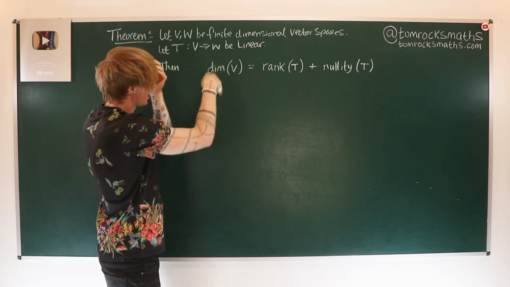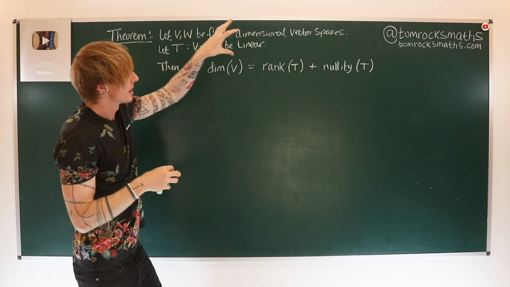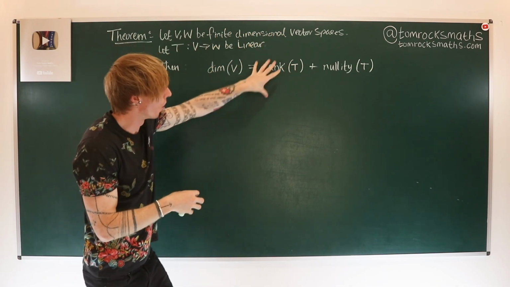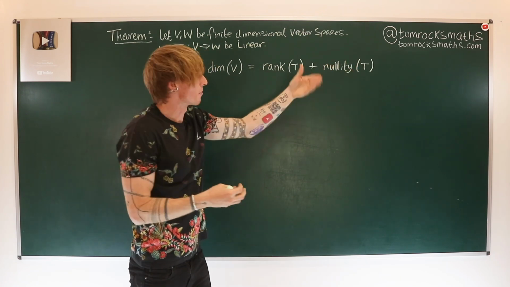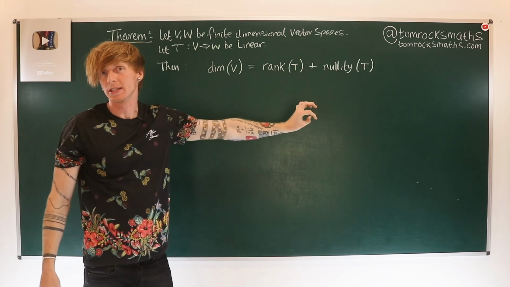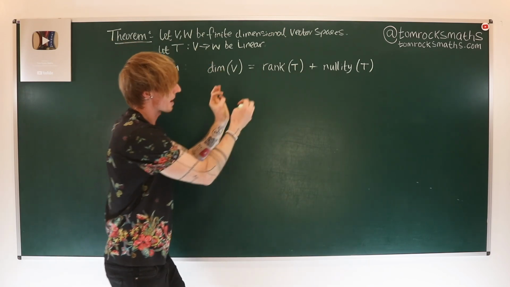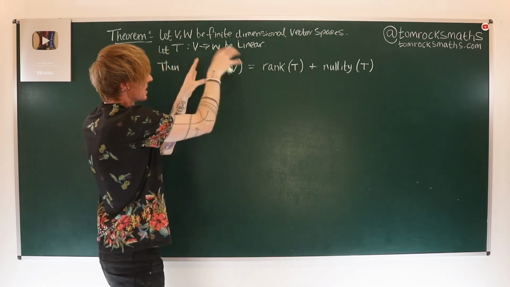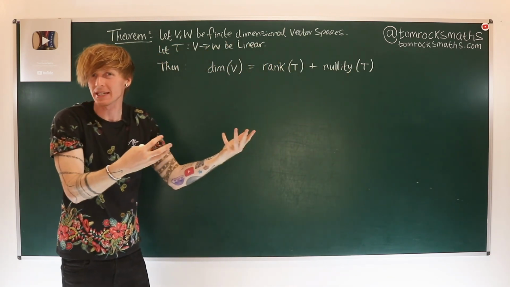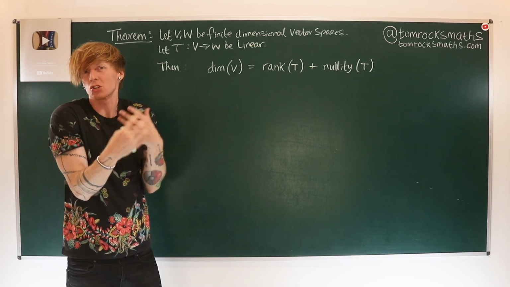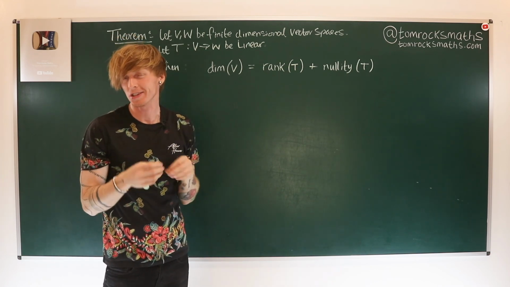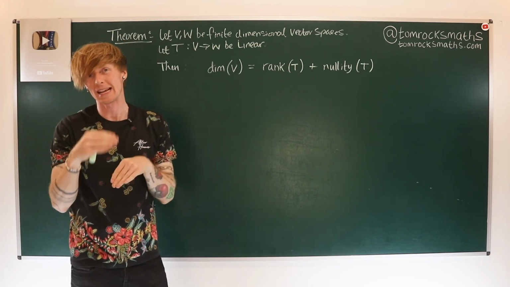Each building block, each piece has to either be mapped to something non-zero, in which case it's in the image, or it can go to 0, in which case it's in the kernel and contributes to the nullity. So every piece has to map somewhere, and so all of the pieces we count at the beginning have to also be counted at the end, and this hints at the structure-preserving nature of the linear transformations, which we talked about in the last video.